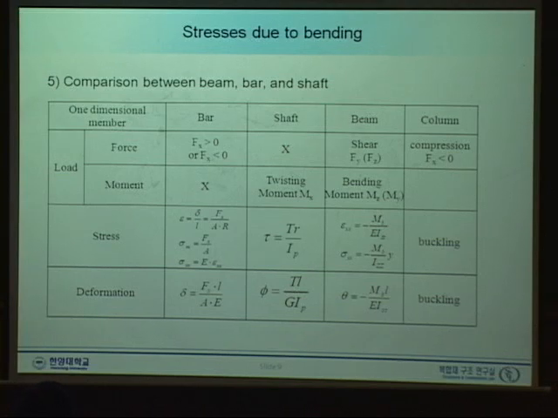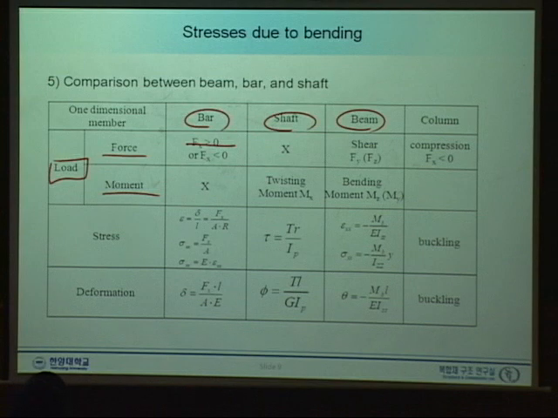Okay, for bar and shaft and beam, there is the load. What kind of loads are applied to each case? We have a force and moment. In a bar case, we have axial force, Fx, which can be positive or negative. In the shaft, we are applying the twisting moment.